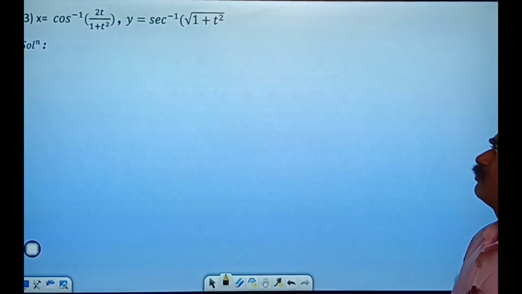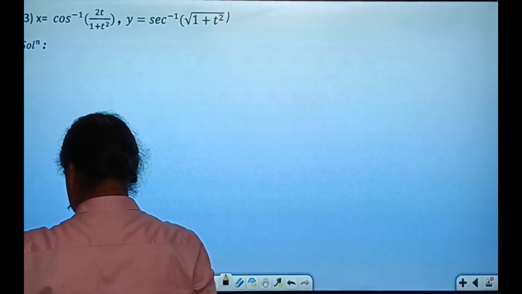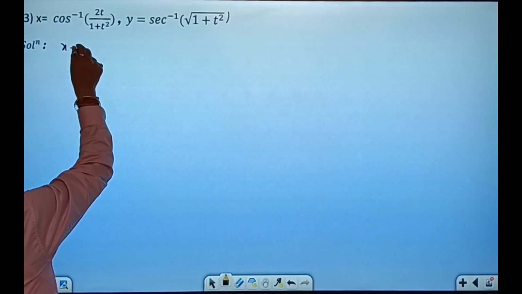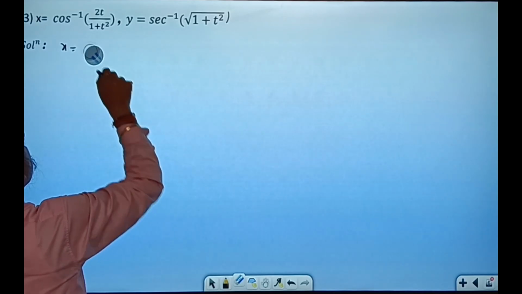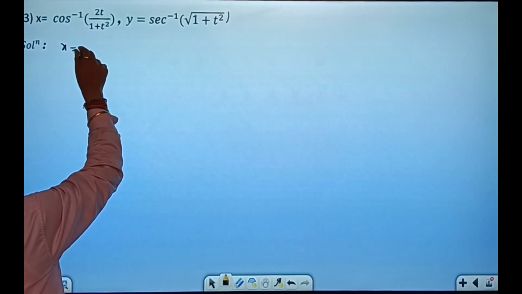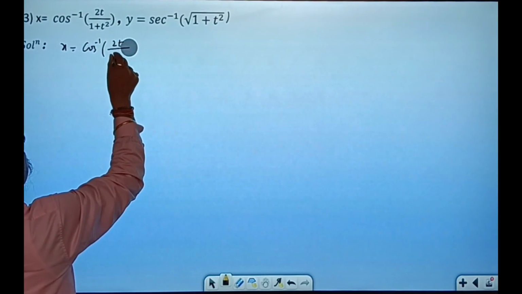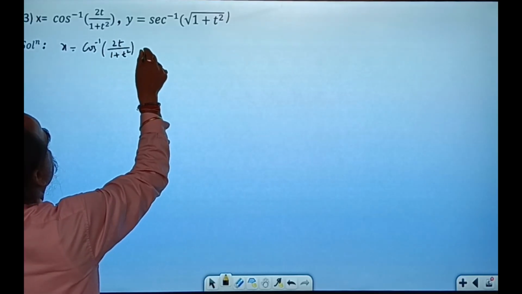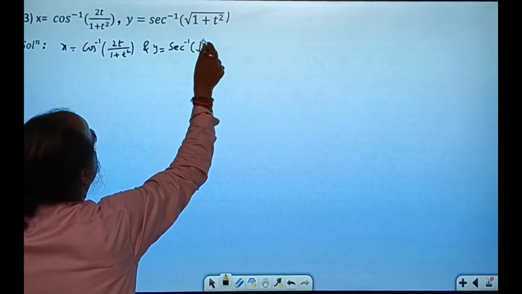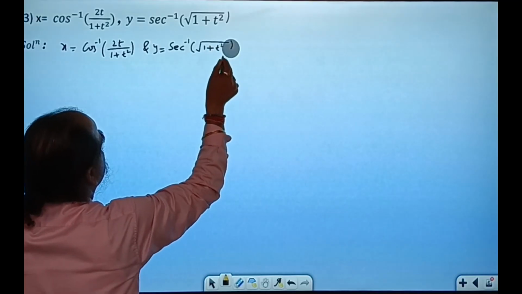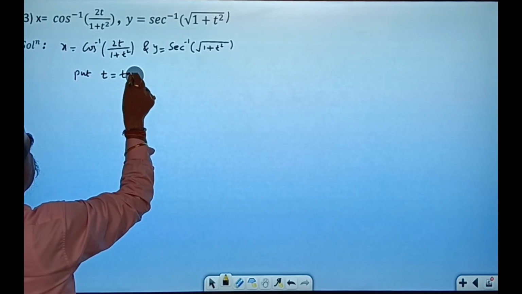x is cos inverse of 2t upon 1 plus t square, and y is sec inverse of root 1 plus t square. Put t is what? tan theta.